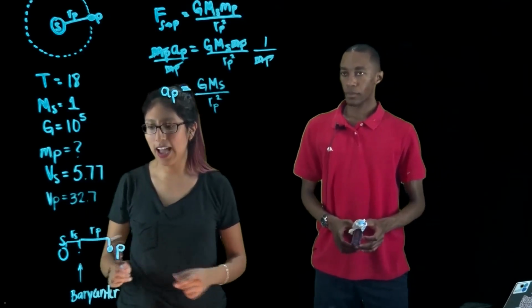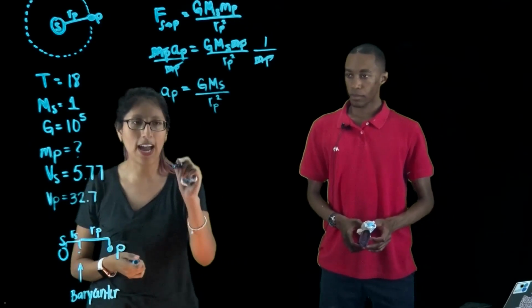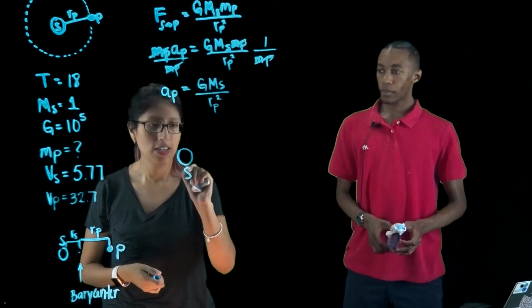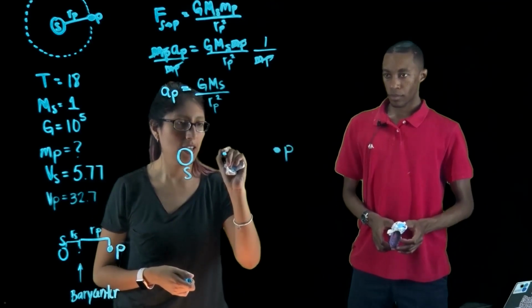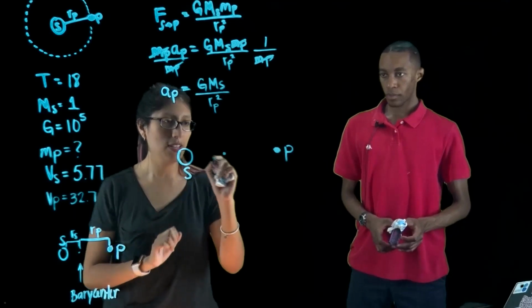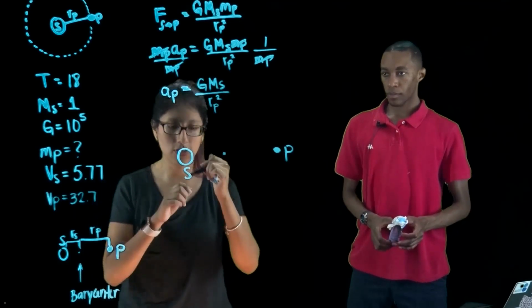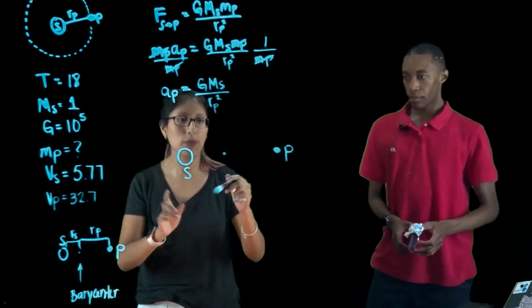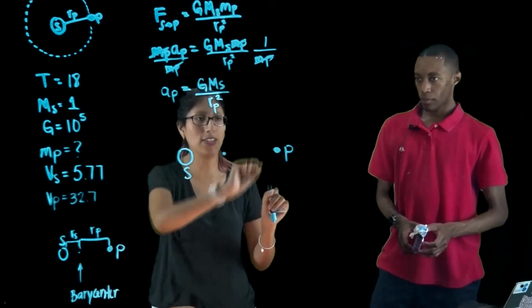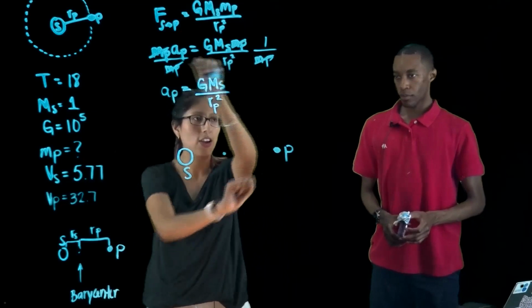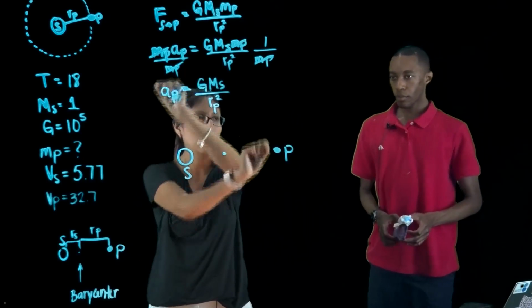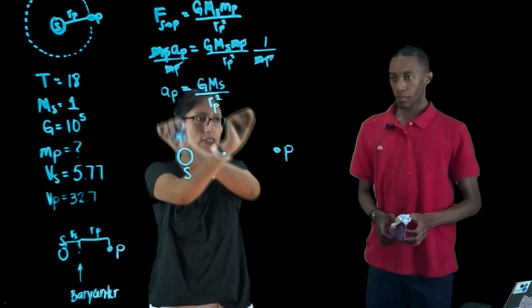But now that we have this new model where we have the sun and the planet orbiting a point between them, so our sun is going to be orbiting around this point, and they're both going to be orbiting around it in sort of this fashion.